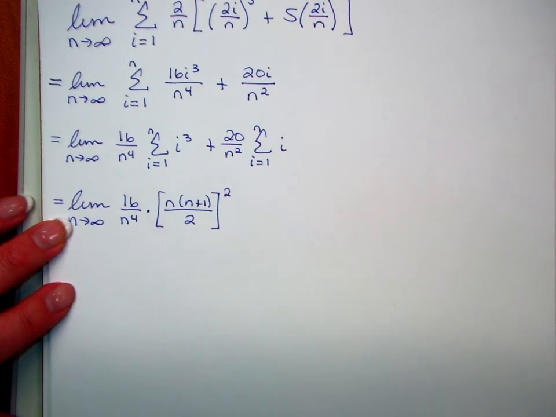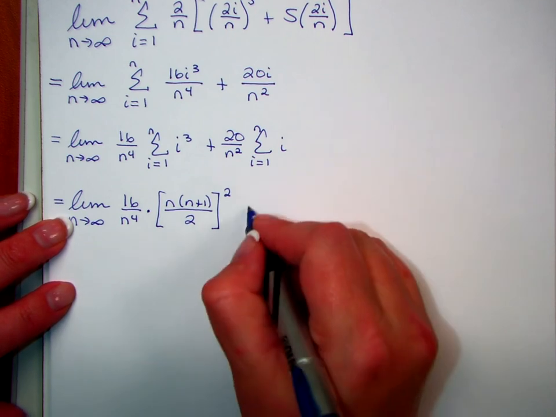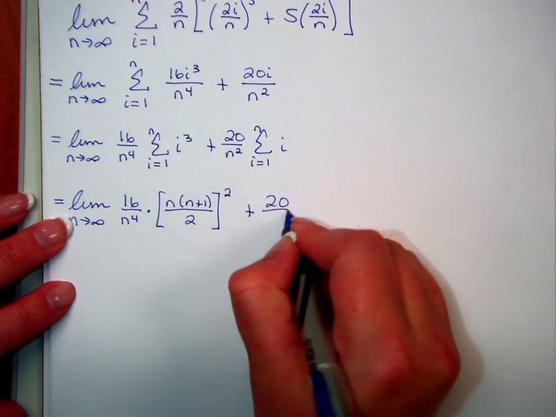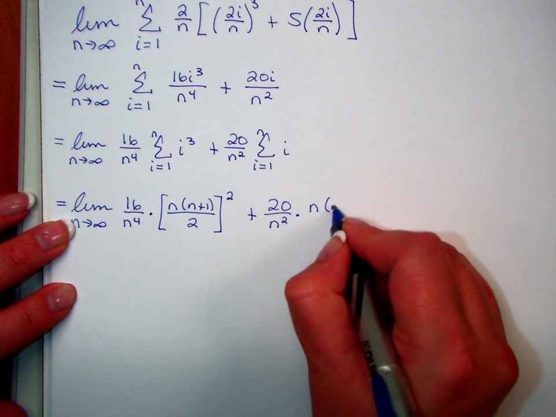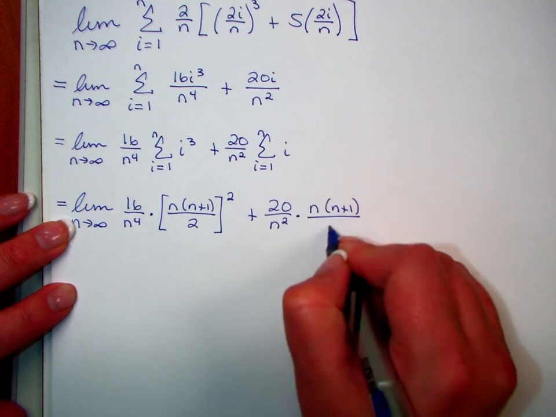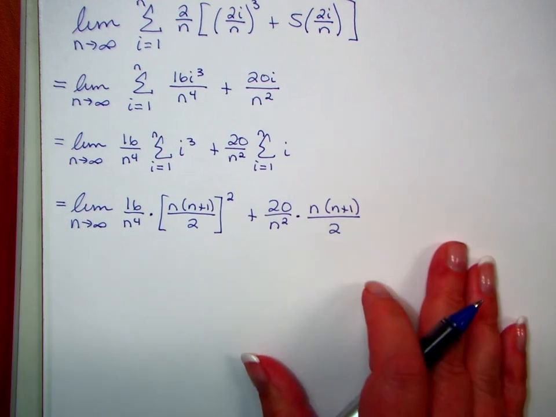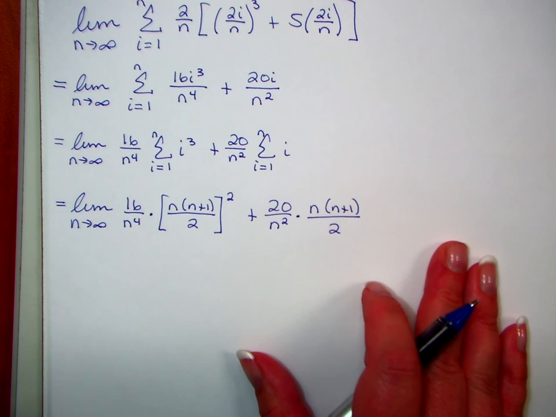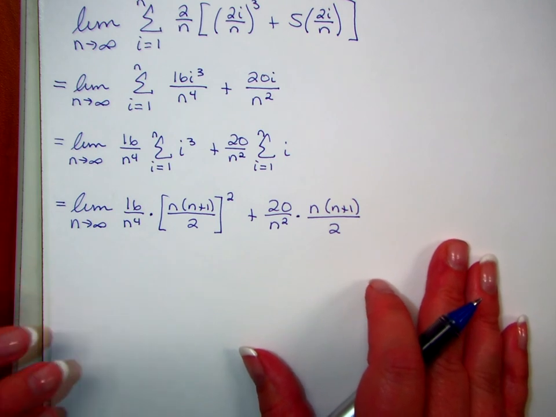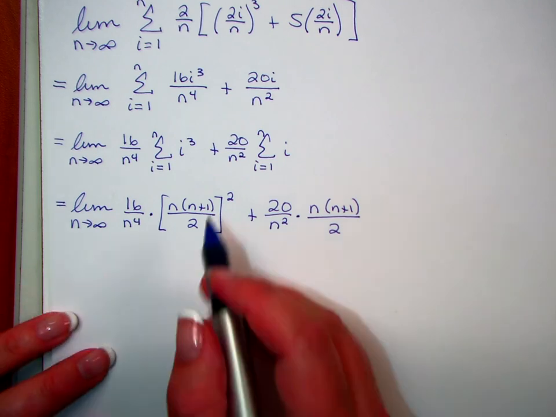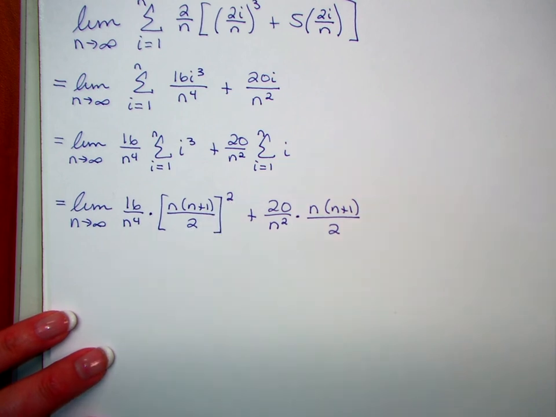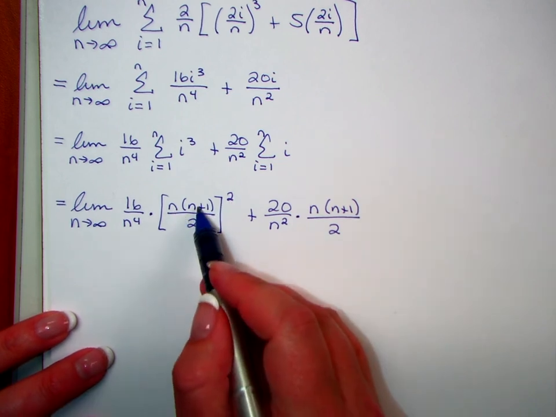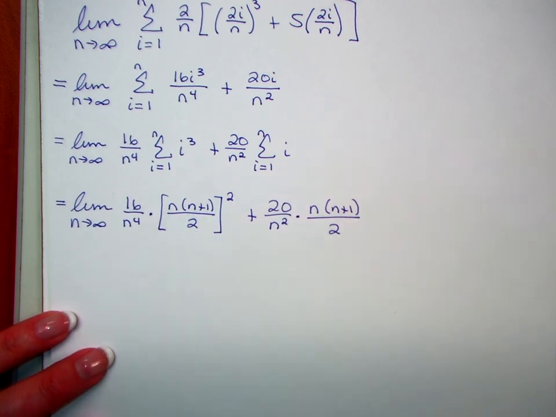Be careful here when you cancel. Then we're going to get 20 over n squared. The summation of i is n times n plus 1 over 2. I do like to cancel these and simplify them, but do remember to square the 2. So we have n squared, n plus 1 squared, 2 squared, which is 4.